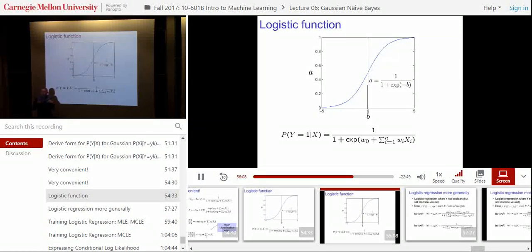And remember, our decision surface will be just in the case where the probability that y equals 1 given x equals 0.5. So that'll be right here, where this linear function is 0. That'll give us a probability of 0.5 that y equals 1.